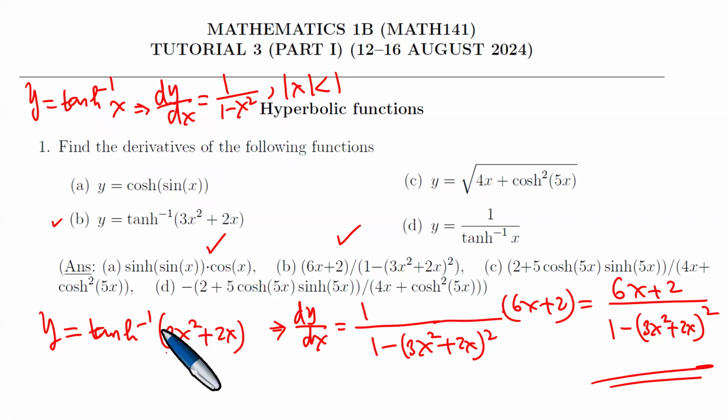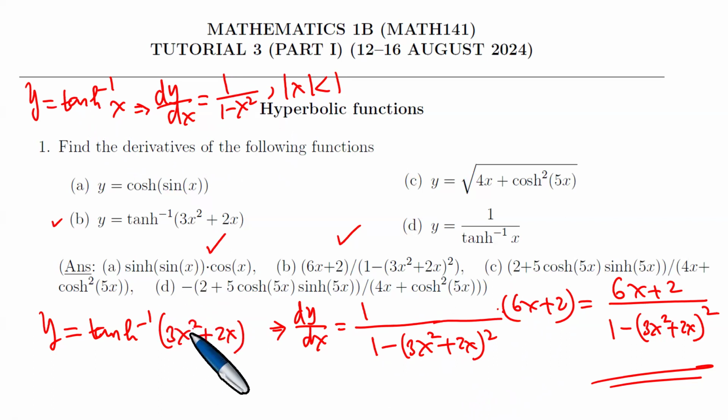But now the argument here is not just x. So we say 1 over 1 minus the square of this, which is the square of the 3x squared plus 2x. Then we multiply by the derivative, always by the chain rule, of the argument.